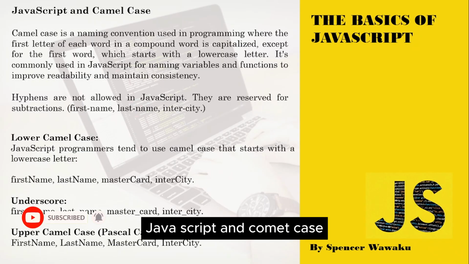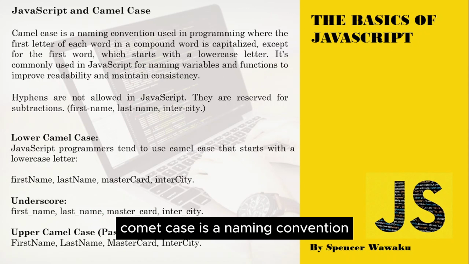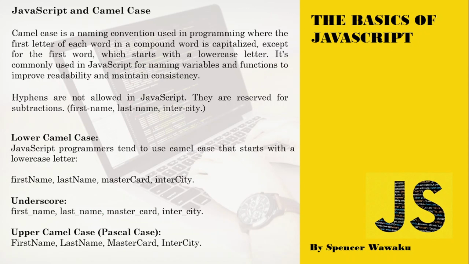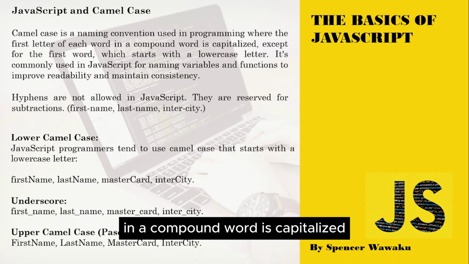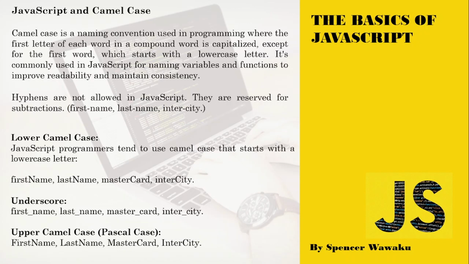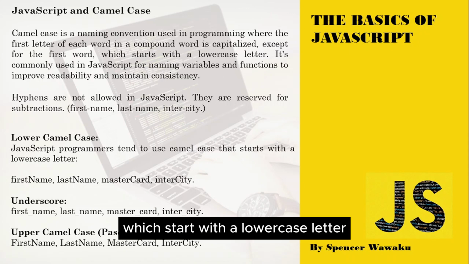JavaScript and camel case. Camel case is a naming convention used in programming where the first letter of each word in a compound word is capitalized, except for the first word, which starts with a lowercase letter.